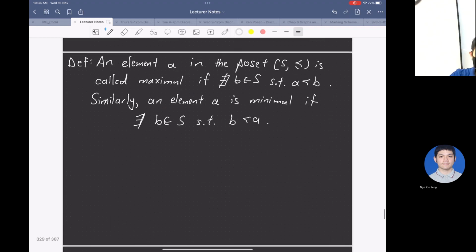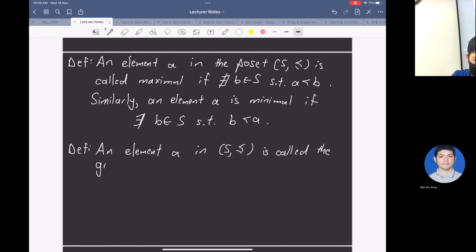And from the maximal and minimal, we can sometimes pick the greatest or the least one. What do I mean by the greatest element? If A is the greatest element, that means everything else is smaller than it.